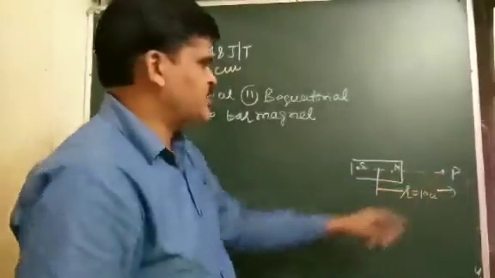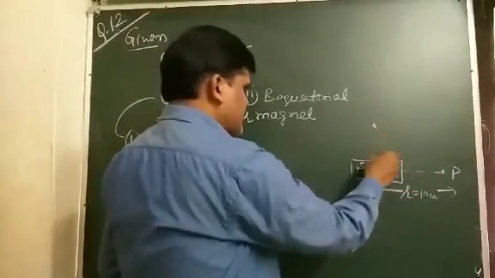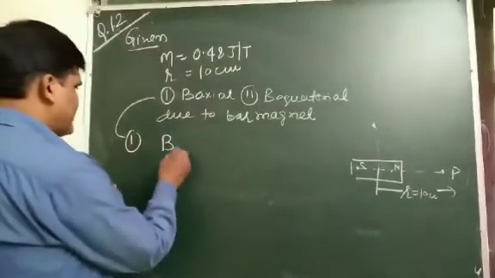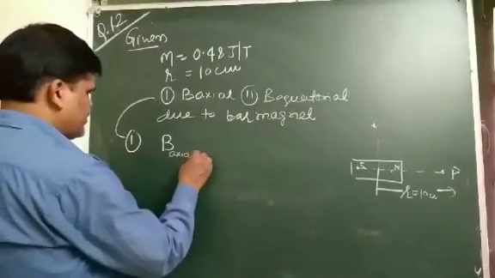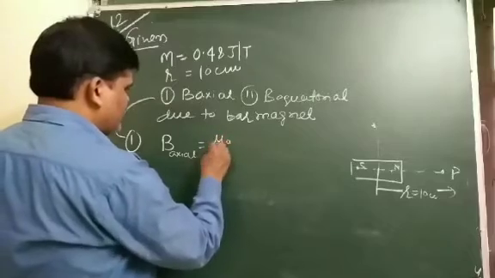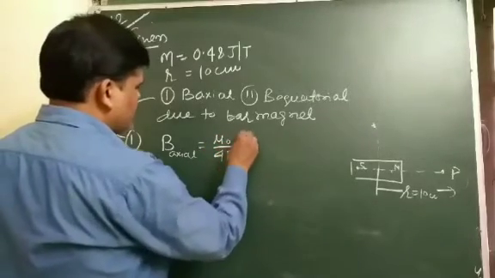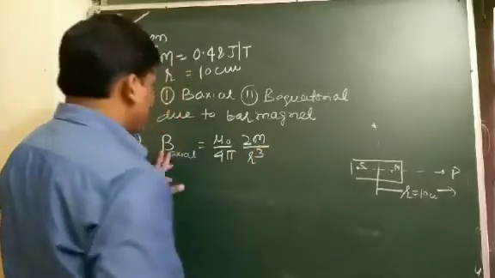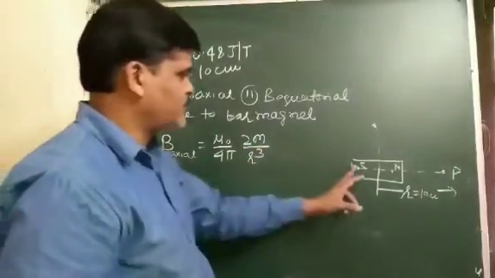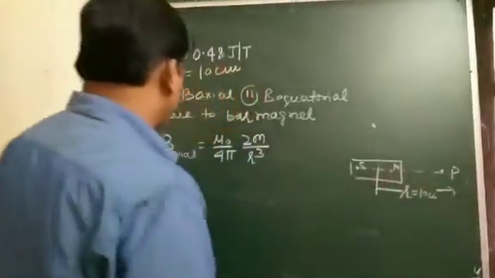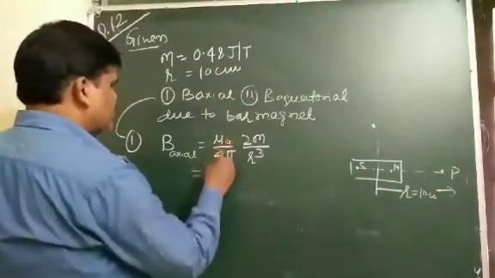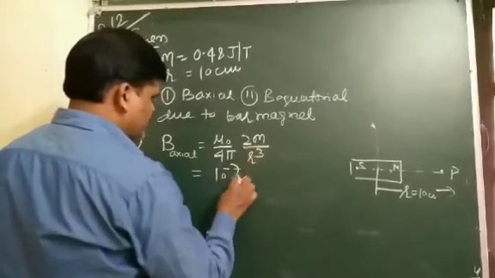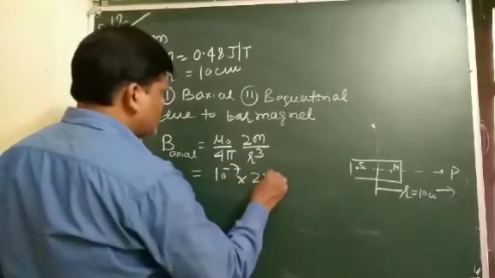So student, B axial can be written as mu naught by 4 pi, 2m by r cube. You know the formula. And the direction of B axial is from south to north, I have already explained that. And the value of mu naught by 4 pi is 10 to the power minus 7. And 2 into m, that is what?